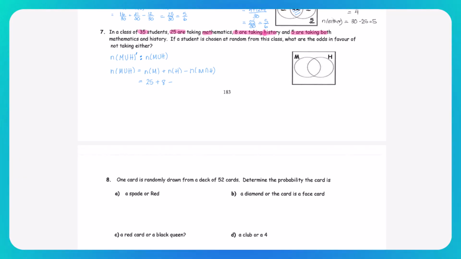And the number taking both is 5. So when we put that all together, we say 25 plus 8. That's going to give us 33 minus 5. That brings us back to 28. Now we have that. That's this part right here. But we also need to know those in the complement, or who are not taking one or the other.